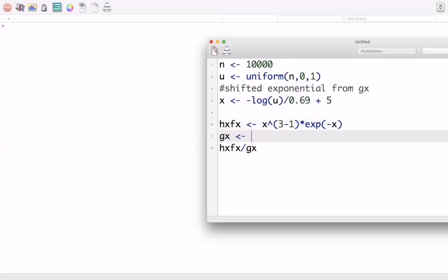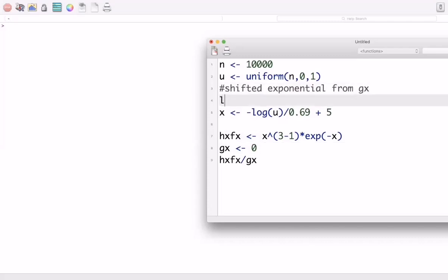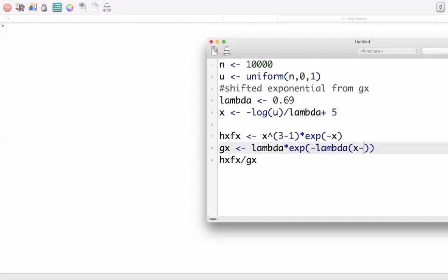Maybe it's better to write lambda equals 0.69 so that you don't have to write 0.69 so many times. So g(x) will be lambda times exp of minus lambda times (x minus a), where a is 5. So that's my g(x). So this is my h(x) f(x) over g(x).